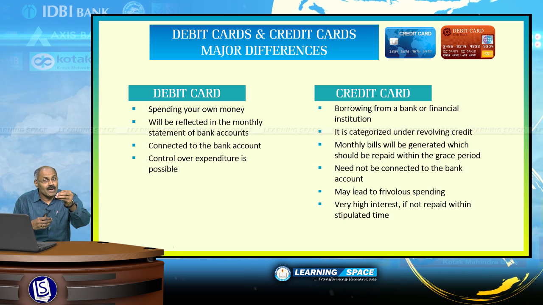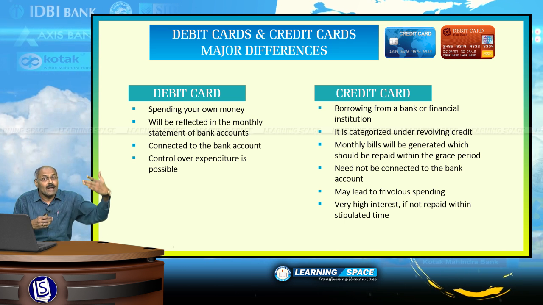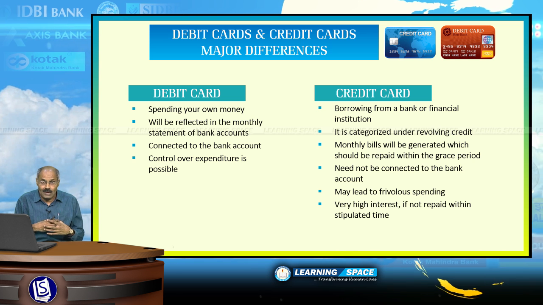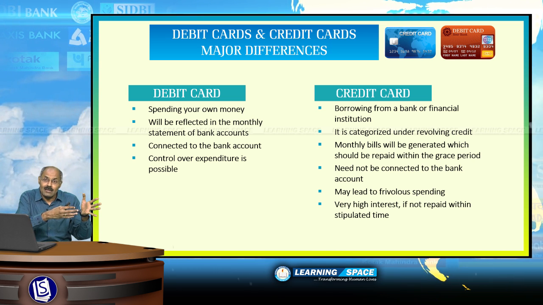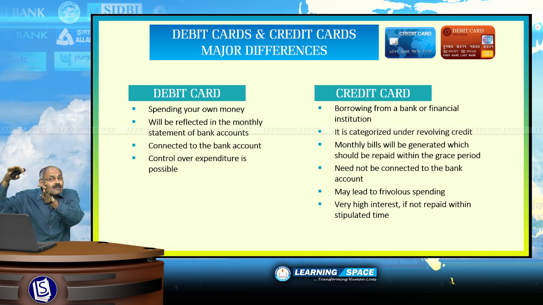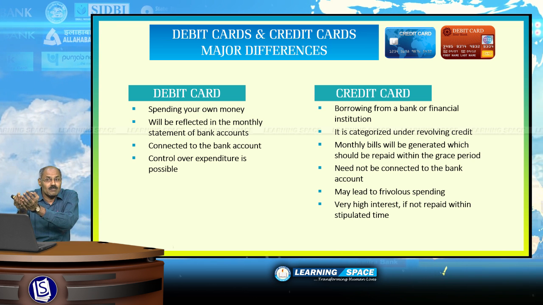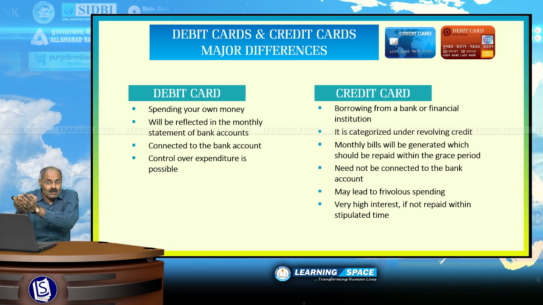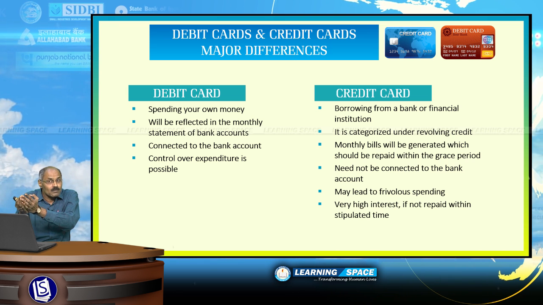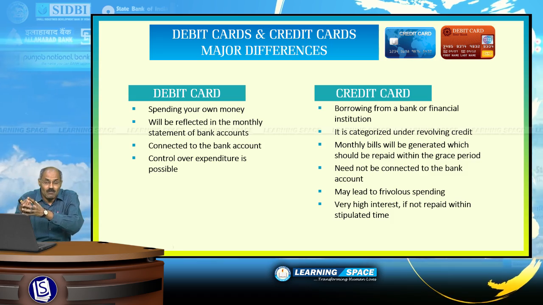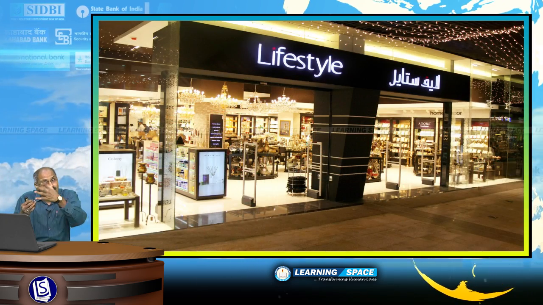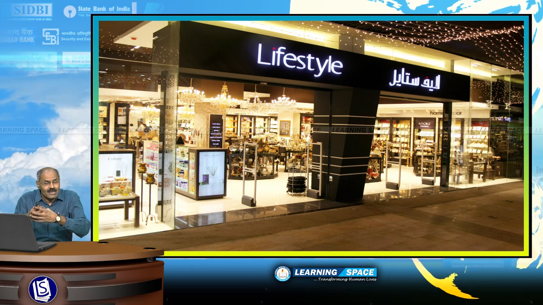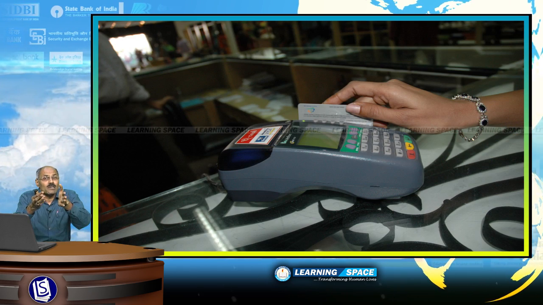Whenever you open a bank account, banks will give you an ATM cum debit card. That means the card can be used not only at ATMs, but also at various merchant outlets, that means POS terminals. When you go to some shop or a shopping mall like Shoppers Stop or Lifestyle store, immediately you can see one POS terminal.